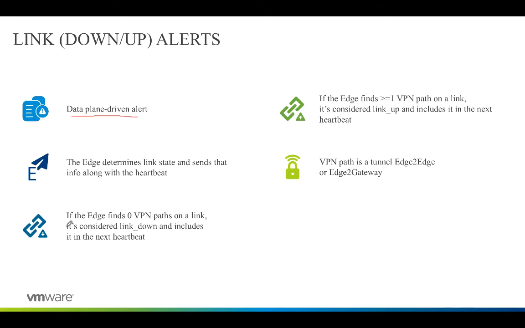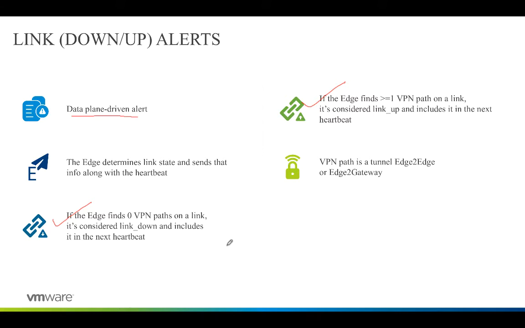And that is what is described in these two sections here. Again, because this is an important concept, I wanted to repeat it. If we find link 2 has no VPN tunnels, we will indicate that link 2 is down. If link 2 has VPN tunnels equal to or more than 1, we will not declare that link as down.